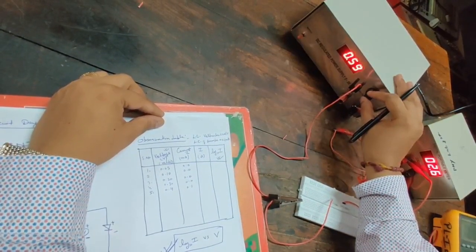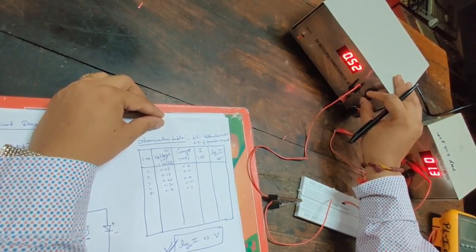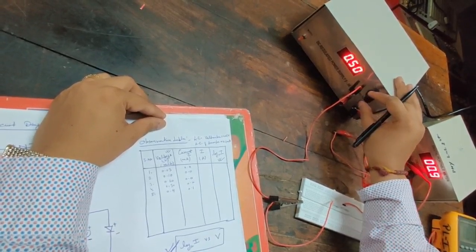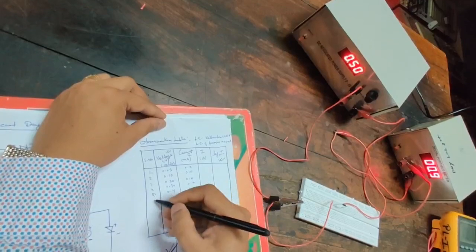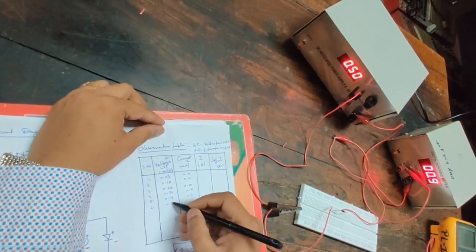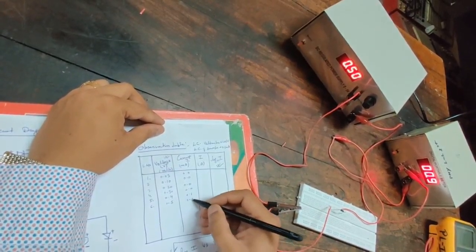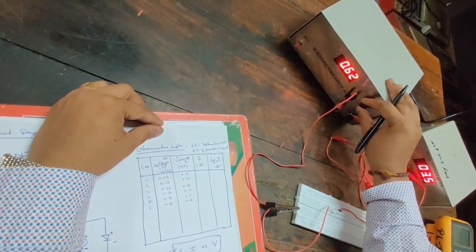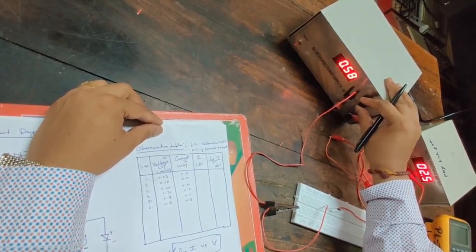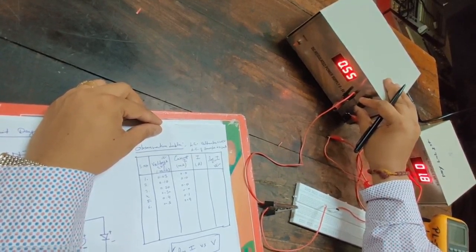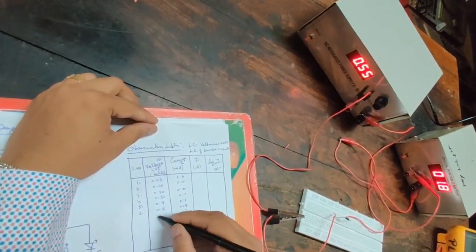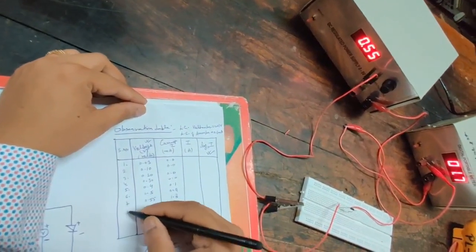Now I am taking 0.5. At 0.5 it is coming around 0.9. Now let us take 0.55, if we can see, yeah, 1.8 at 0.55.